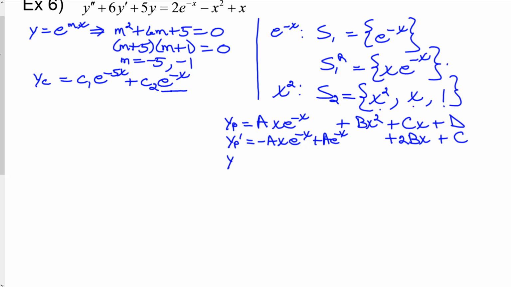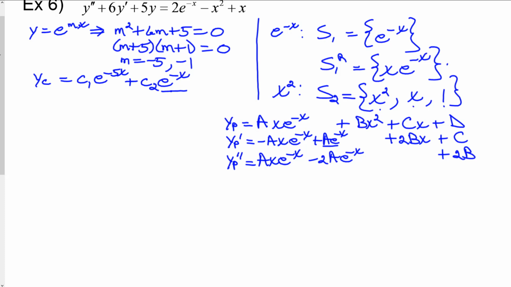And the second derivative, we get positive ax e to the negative x minus a times e to the negative x, but because of the derivative of this term above it, we're going to get minus 2a e to the negative x. And then the derivative of 2bx is 2b, and the derivative of c is 0. So that's all that would be in our derivative lines.